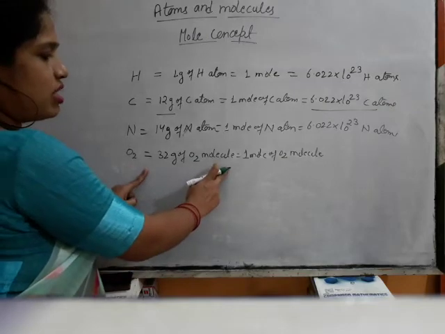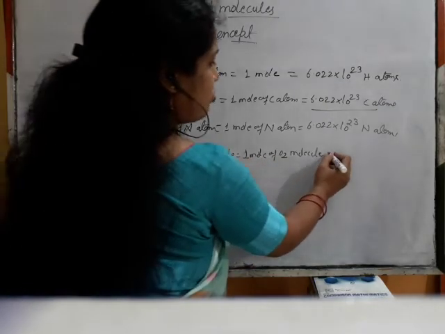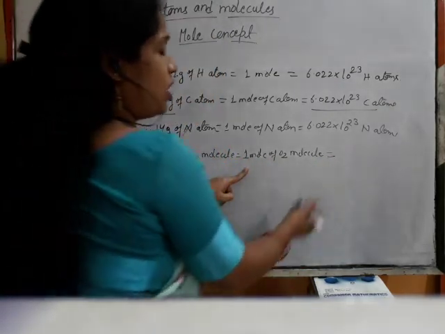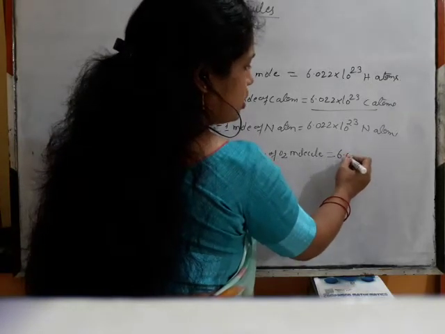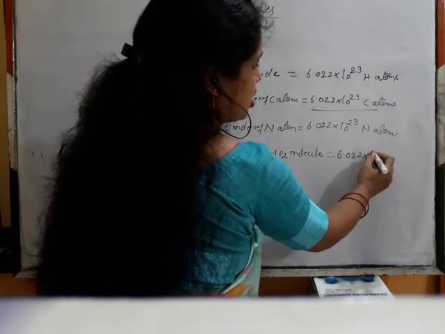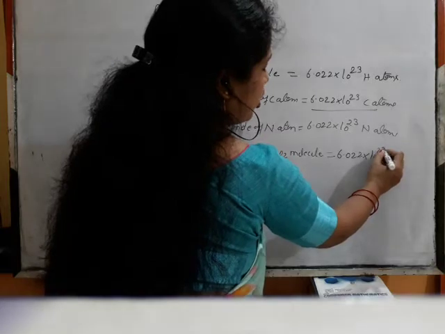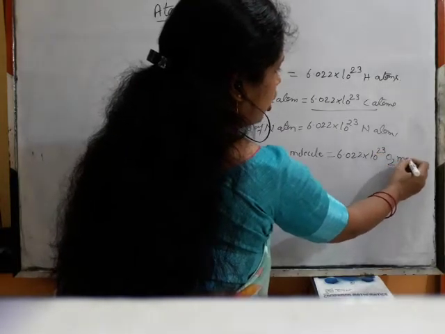How many oxygen molecules will it have? 6.022 into 10 raised to the power 23 oxygen molecules.